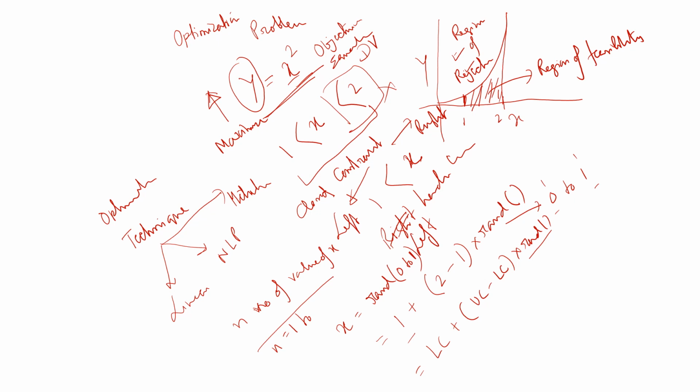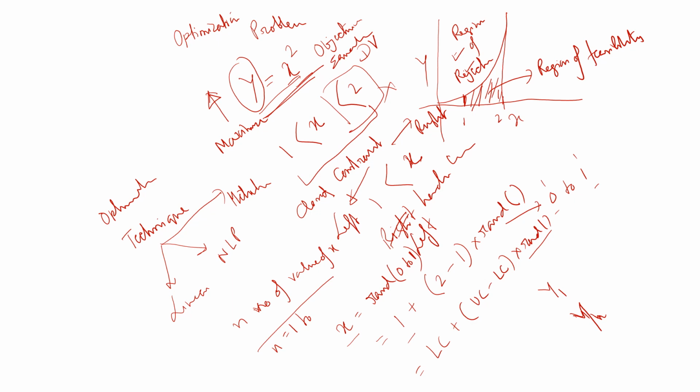Now after you have generated the values of x, you put it into this equation y. Then you generate y1. Now similarly, as you have used n number of values of x, you will generate n number of values of y in the same manner. Now our goal is to maximize this problem.